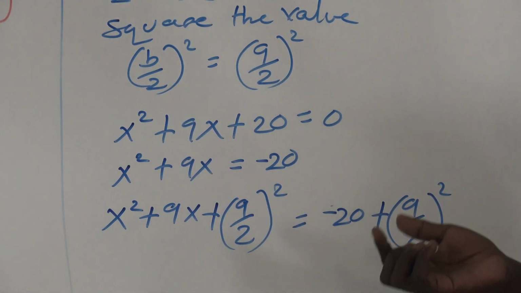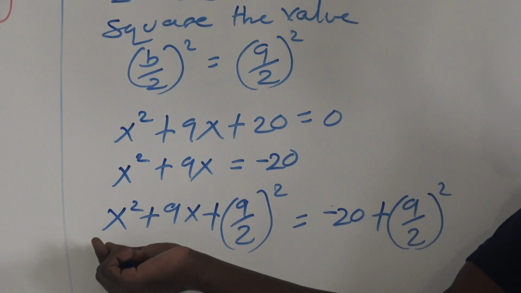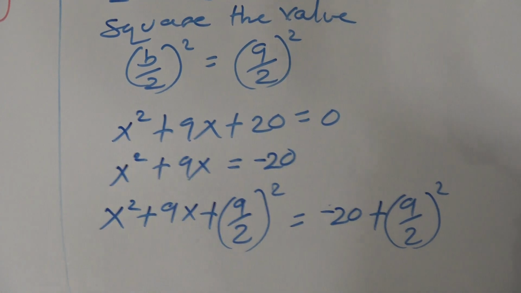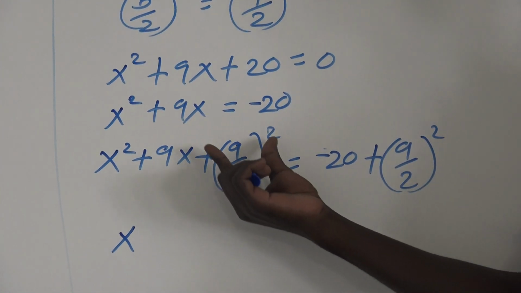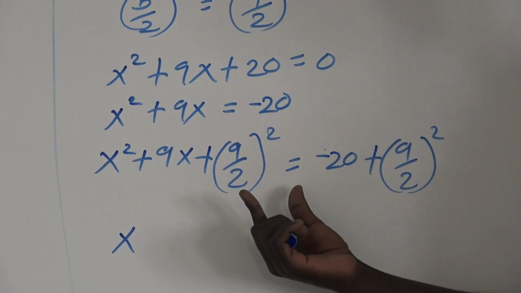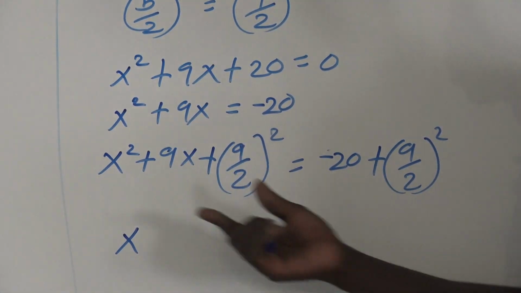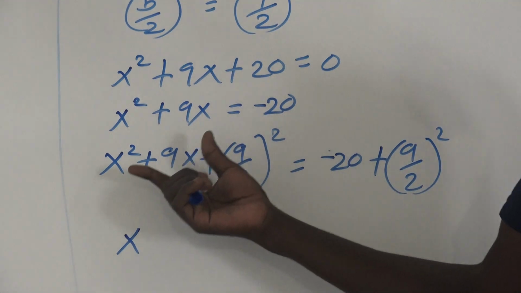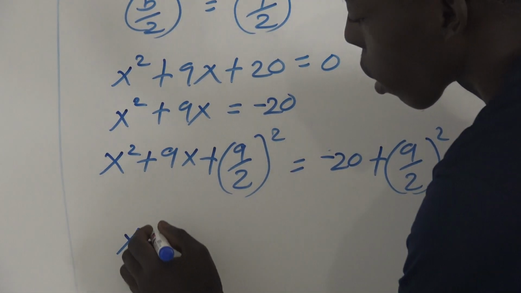For that case, what you do here, you choose the letter which will be x without a square. Then also choose the number which is at the last, and also consider the sign which is between, where there is 9x. If it is positive, you say it is plus.